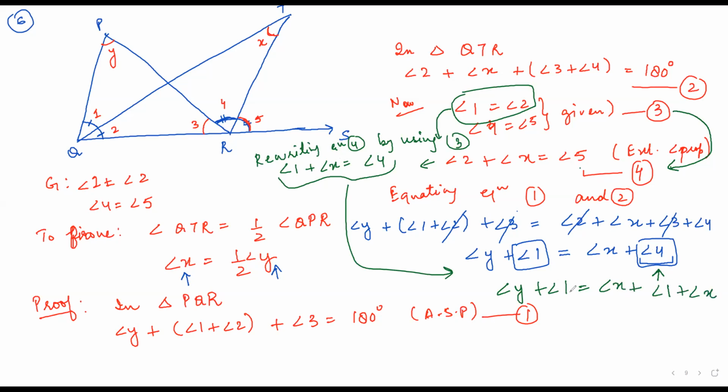So you can see angle 1, both sides cancels out. So I'm left with angle y is twice of angle x and half of angle y is equal to angle x. This is what I was supposed to prove. So you can give it names that half of angle QPR is equal to angle QTR.